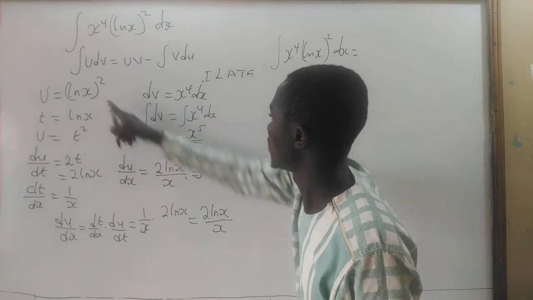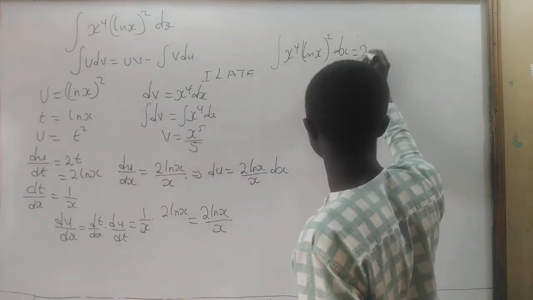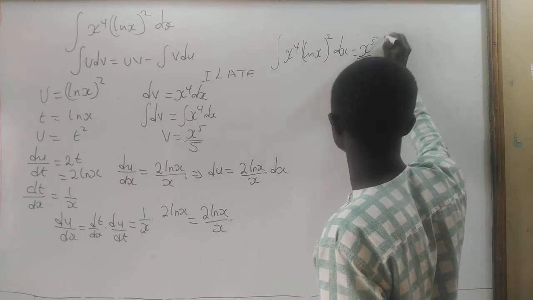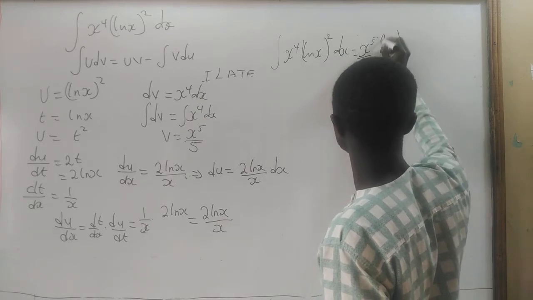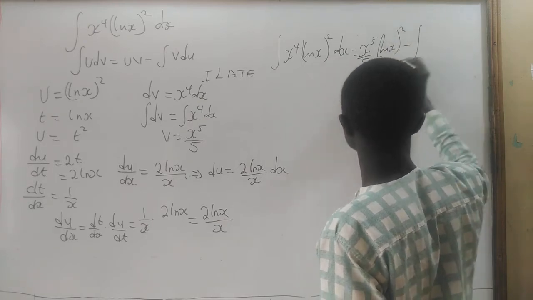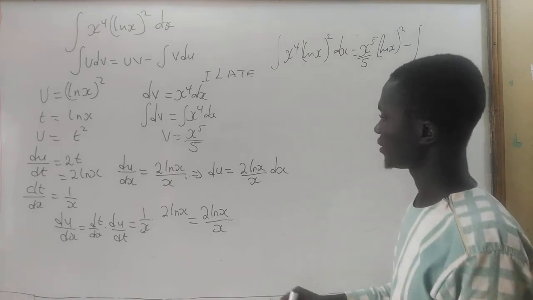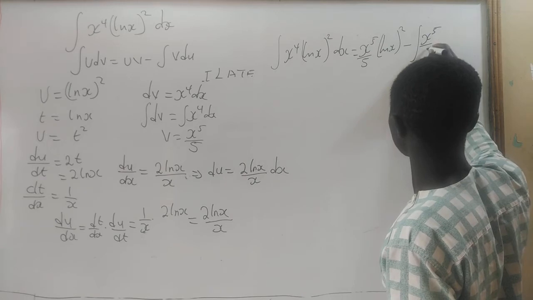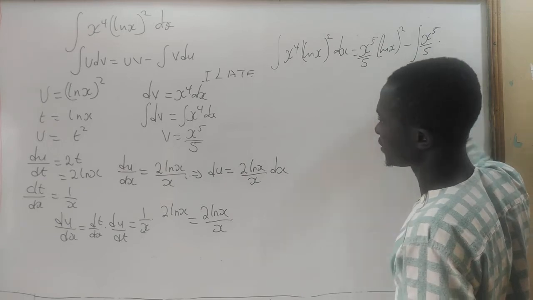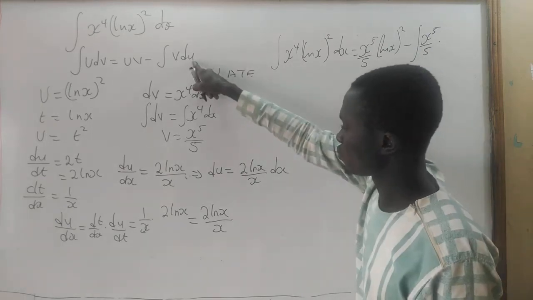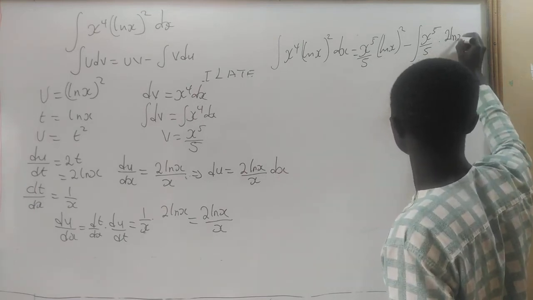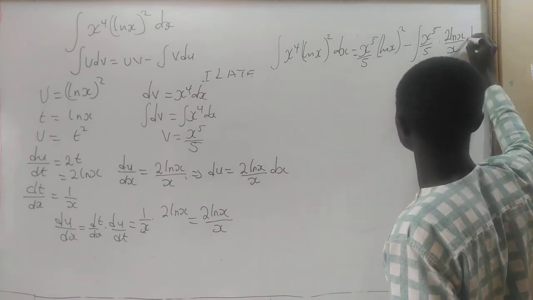This is my u, and this is my v. So I have x to the power 5 divided by 5 times natural log of x all squared, minus the integral of v, x to the power 5 divided by 5, times du, that is 2 times natural log of x divided by x dx.